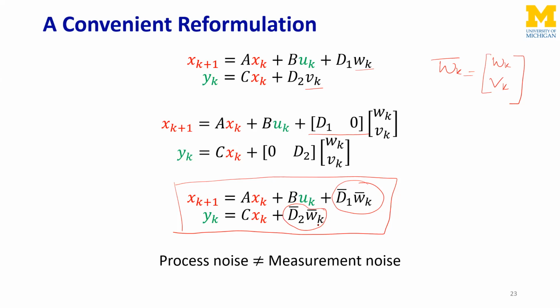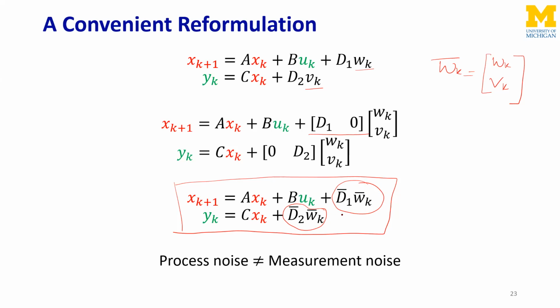They might actually be coming from different sources. Or they might just be different samples drawn from the same PDF. But more importantly, different components of this W bar K are being picked up in the process noise and the measurement noise.